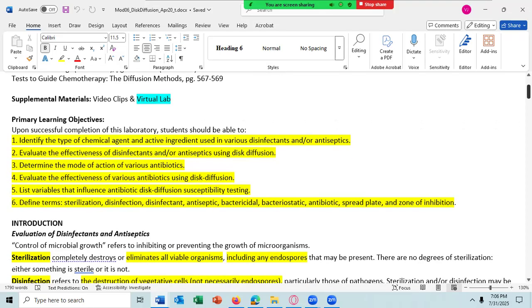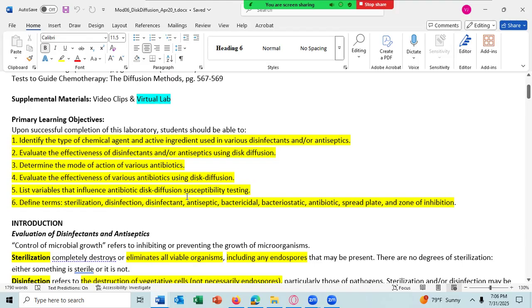Upon successful completion of this lab, you should be able to: 1, identify the type of chemical agent and the active ingredient used in various disinfectants and or antiseptics. 2, evaluate the effectiveness of disinfectants and or antiseptics using the disc diffusion method, that's also known as the Kirby-Bauer method. 3, determine the mode of action of various antibiotics. 4, evaluate the effectiveness of various antibiotics using the disc diffusion method. 5, be able to list the variables that influence the antibiotic disc diffusion susceptibility test.